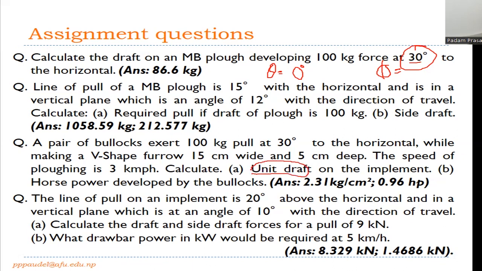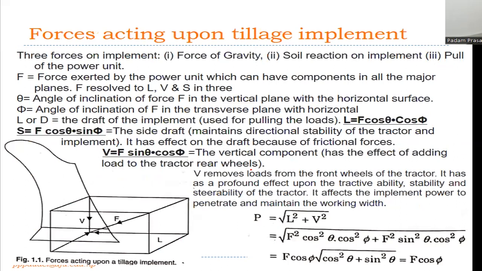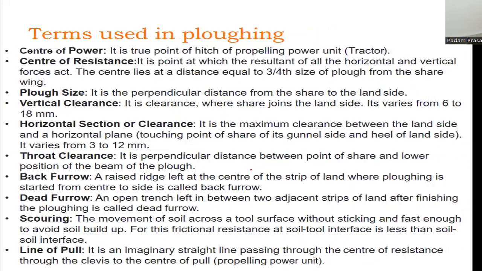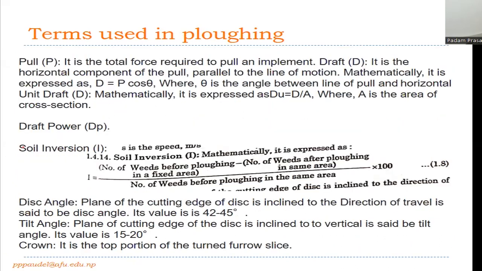I will define this term later. And there are some terms you can take a screenshot of and read to be familiarized with them. There are other terms also like center of power, center of percussion, pull size. Okay, and then sometimes you may be asked to find the unit draft.